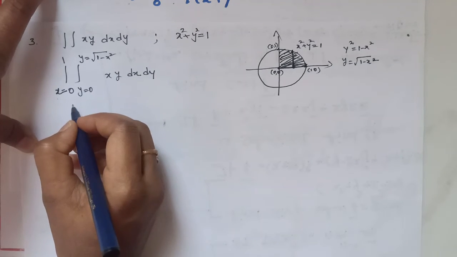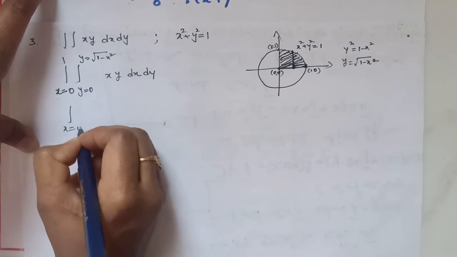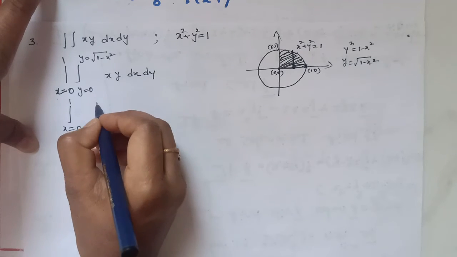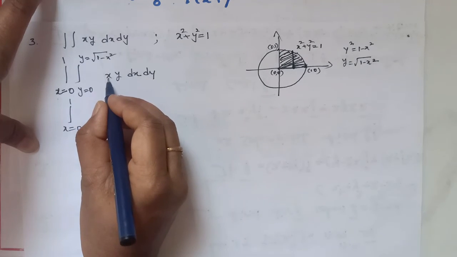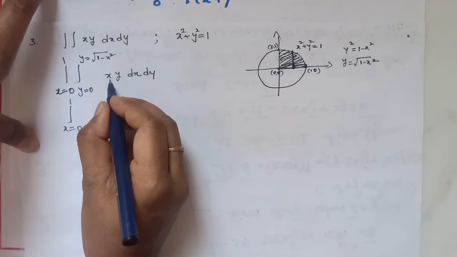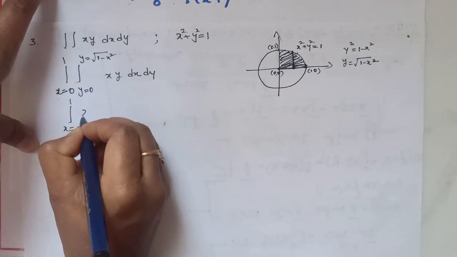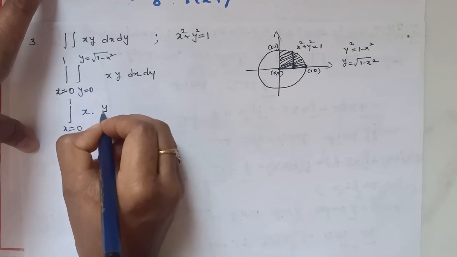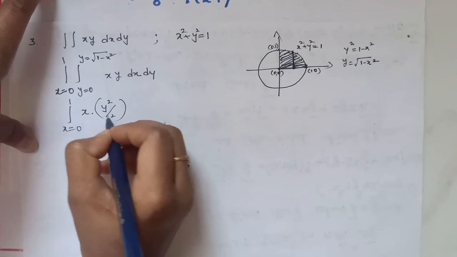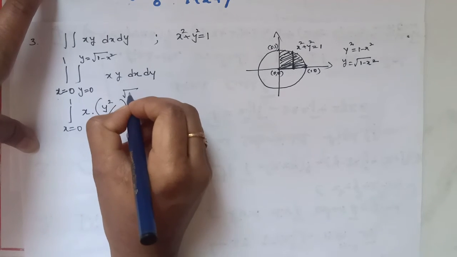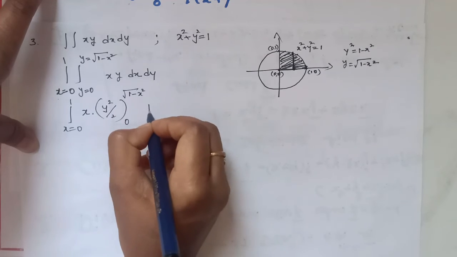Now integrate with respect to y first. Whenever you are integrating with respect to y, consider x as a constant. X is a constant, y integration is y square by 2, limit 0 to under root 1 minus x square into dx.